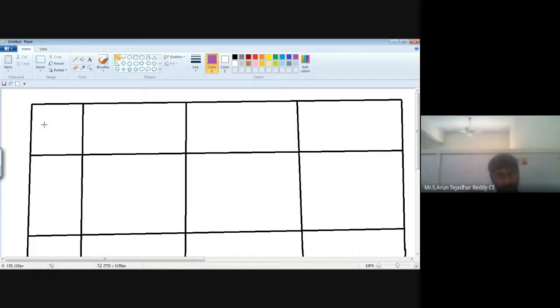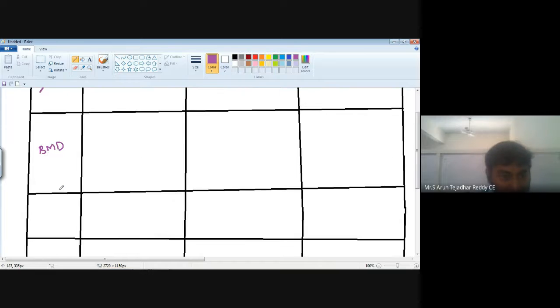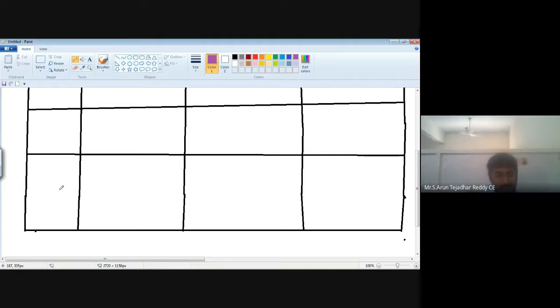Here it is diagram. Next, it is bending moment diagram. We can say it as a maximum bending moment diagram, or else we can say it as a free bending moment diagram. And here it is area, and here it is centroid.